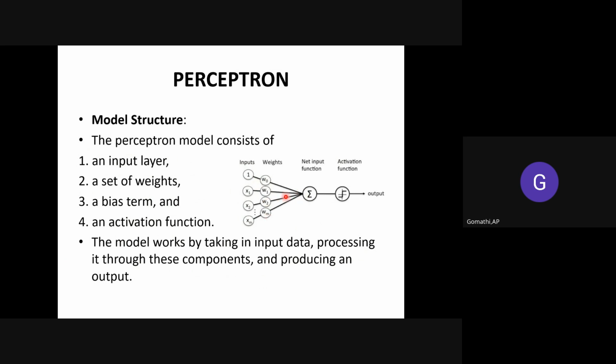These are applied through summation to get the output. The input values with the weights go into the input function, and after that it goes to the activation function to produce the final output.